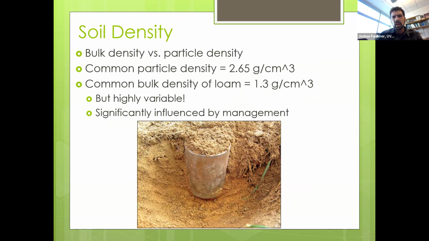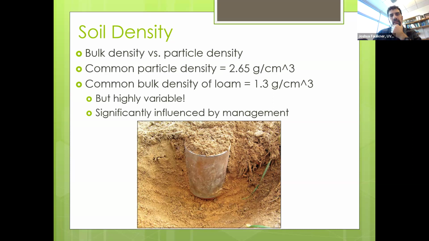What's the density of that grain? And typically we're at 2.65 grams per cubic centimeter for actual soil material. But when you look at this soil in place, and how much of that volume of soil is contained in void space, that's what defines bulk density.